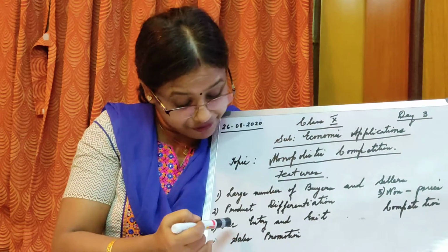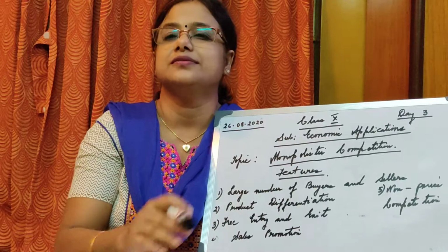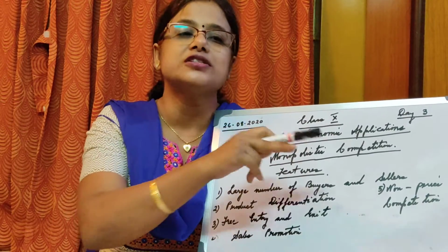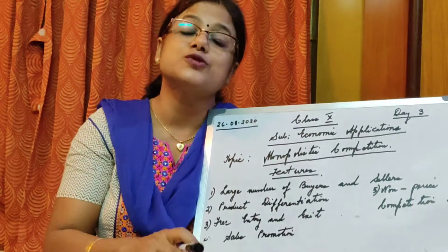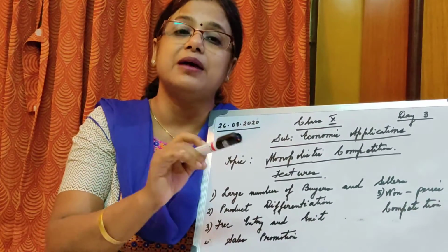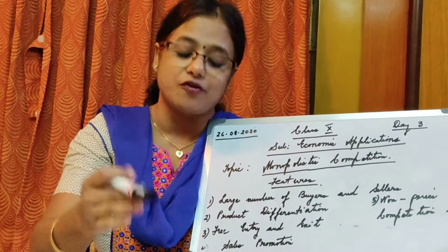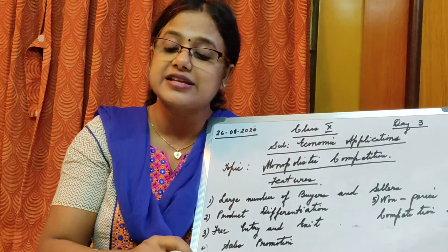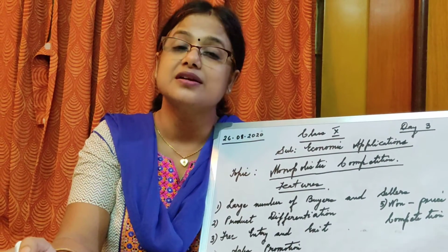After that, a very, very important thing is sales promotion. This you haven't got in the two markets, but here you will be getting sales promotion. And what is that? A typical firm under monopolistic competition is engaged in promoting the sale of its product through various sales promotion measures. What are the various sales promotion measures?